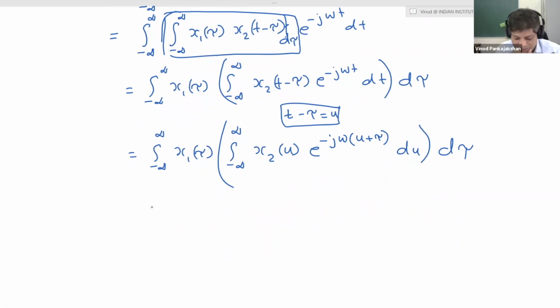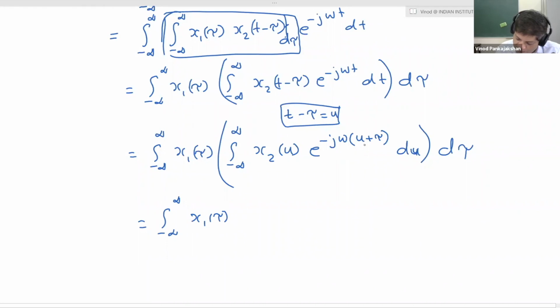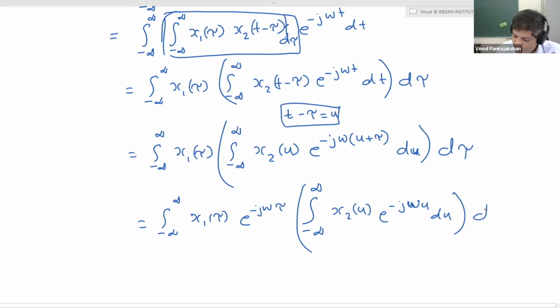Okay, now can we simplify this? Here, this is integration with respect to u. So we can write it as integration from minus infinity to infinity x1 tau, I am taking this term outside, e to the power minus j omega tau. Then the integration is from minus infinity to infinity x2 u e to the power minus j omega u du. Okay, and then integration with respect to tau.